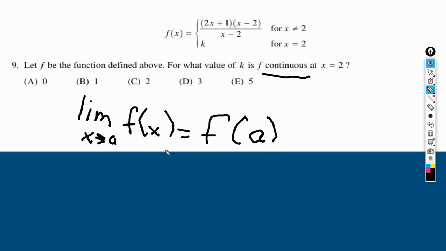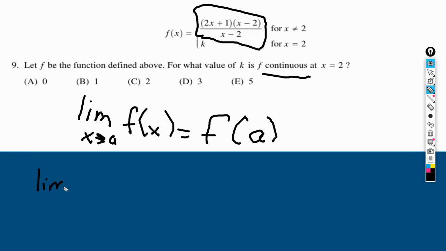If a function is continuous, this holds true. So for which value of k is f continuous at x equals 2? Well, we need to find the limit of f of x as x goes to 2, which we can use this for.